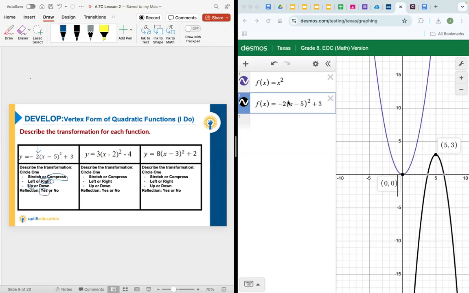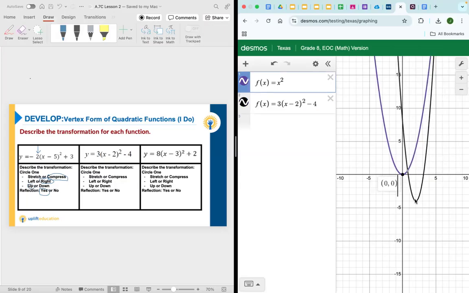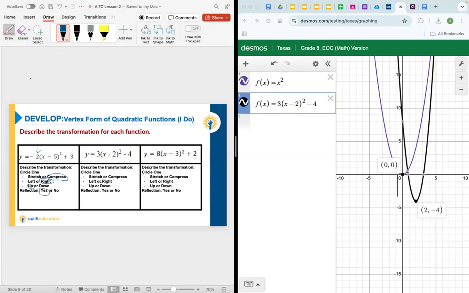Let's look at the next one. This one says I have 3 times x minus 2 squared, and I'm going to subtract 4. So as we can see, from my vertex to vertex, I went down and to the right. So that's what I'm going to circle. I'm going to circle down and to the right.